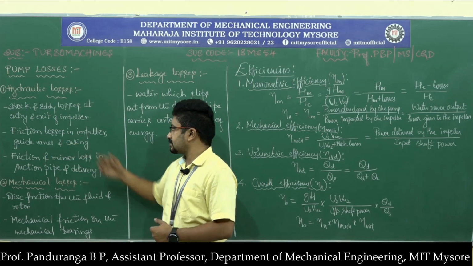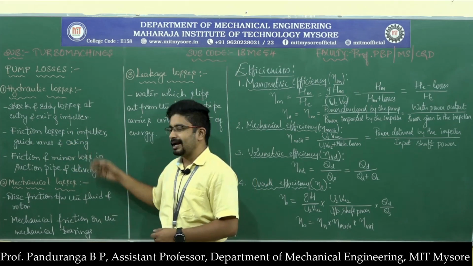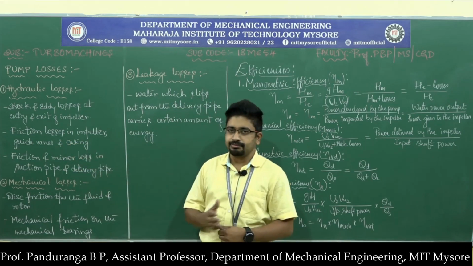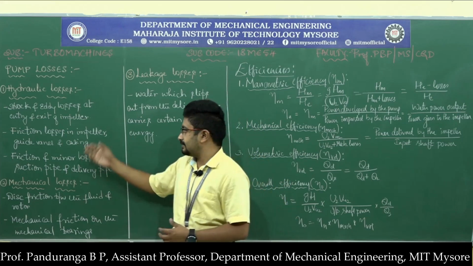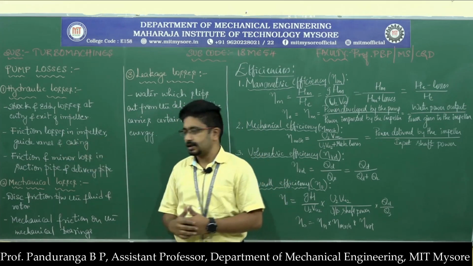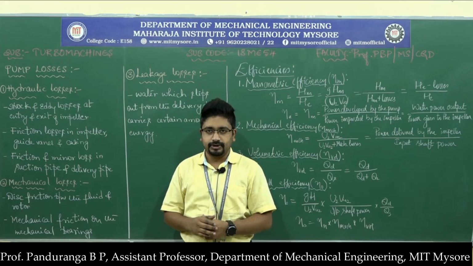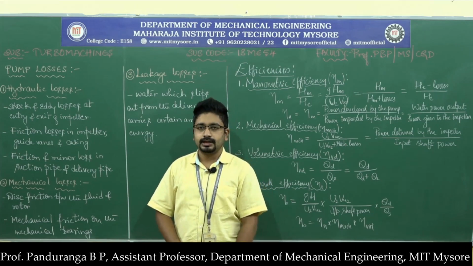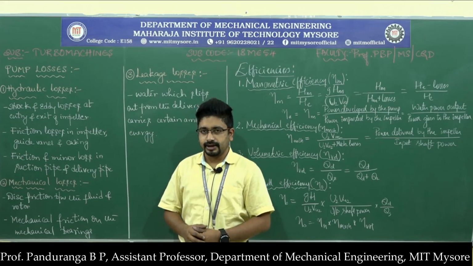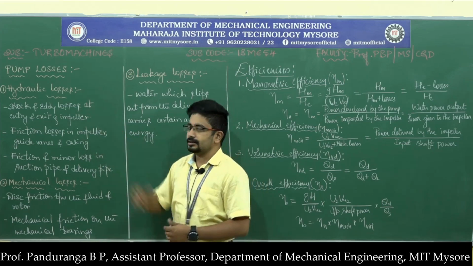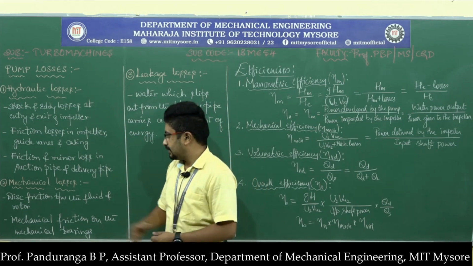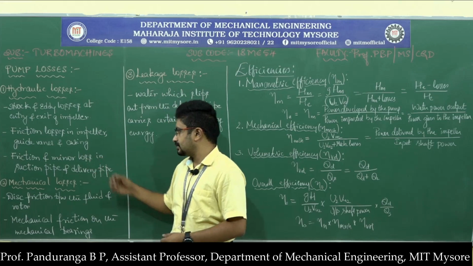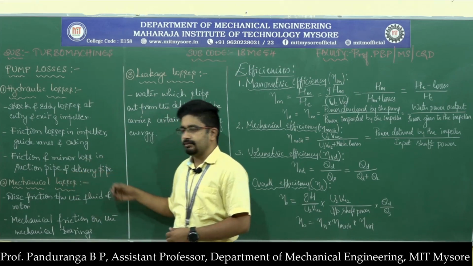Then we have frictional losses in the impeller, guide vane and the casing. As the fluid passes through the impeller, guide vanes and the casing, there will be fluid friction, and because of that there will be loss of a certain amount of energy, which also comes under hydraulic losses. Then we have the friction and minor losses in the suction pipe and delivery pipe.